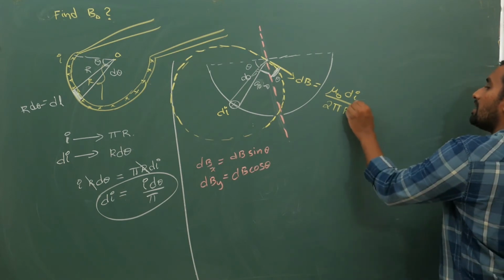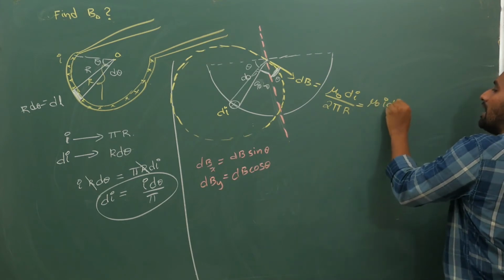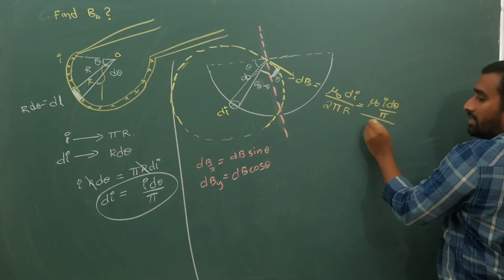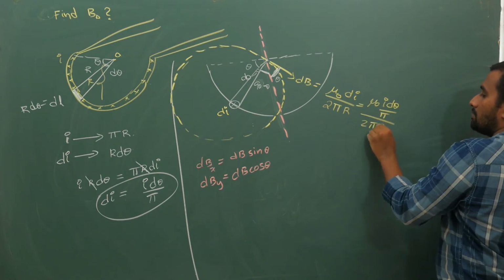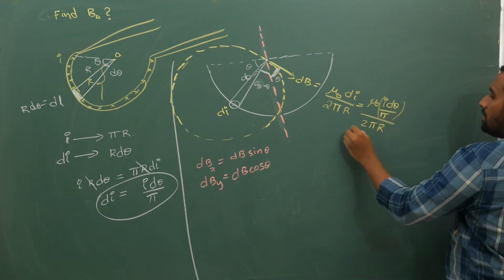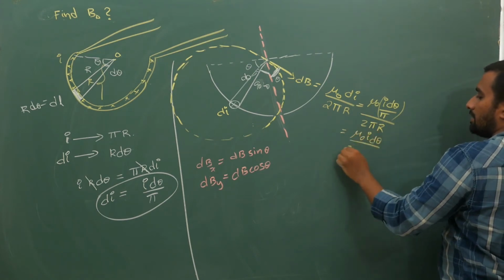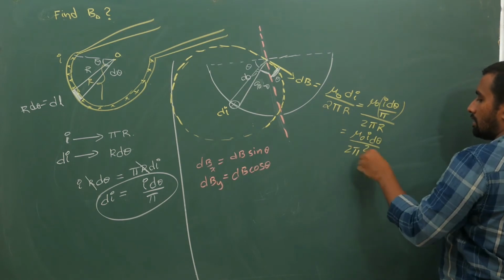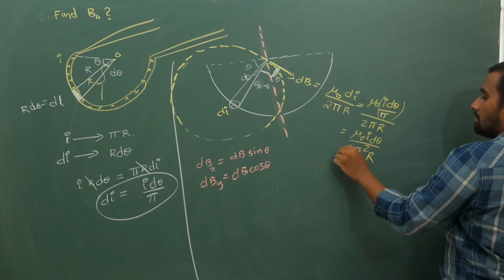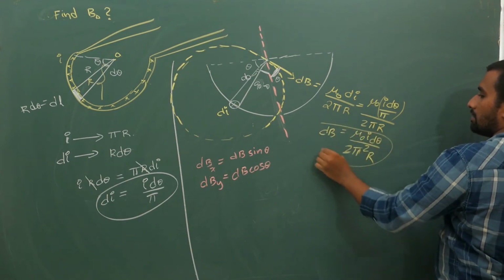So your dB is mu naught times di, which is I d theta by pi, whole divided by 2 pi r. If this is simplified, you are going to get mu naught I d theta by 2 pi square r. So this is your small magnetic field dB.